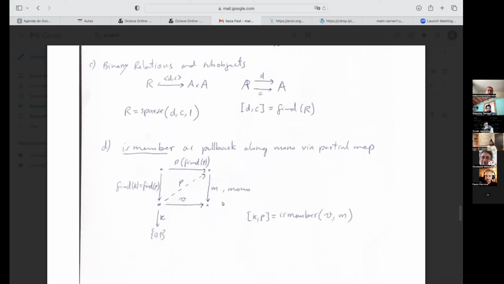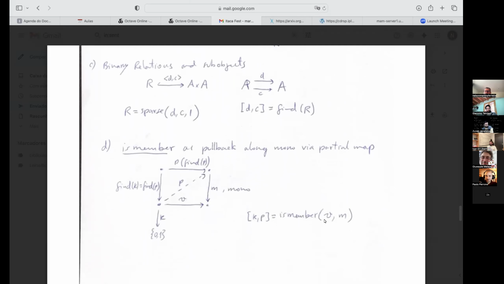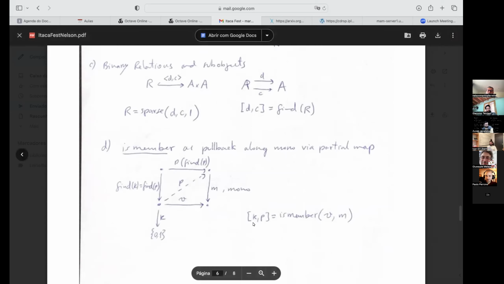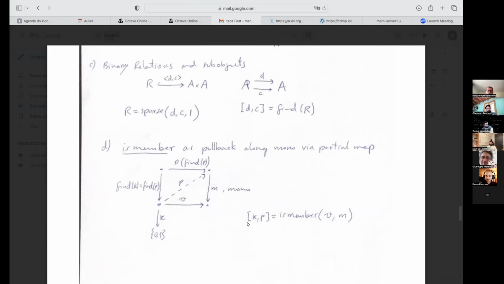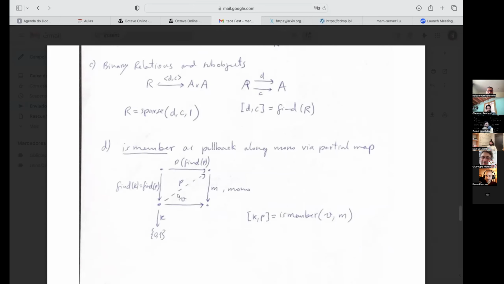Okay, so then we analyze ismember. The signature of ismember is: ismember of a vector v and a vector of unique elements m returns two vectors, k and p. K is a logical vector, p is a partial map, and it builds the pullback as follows.